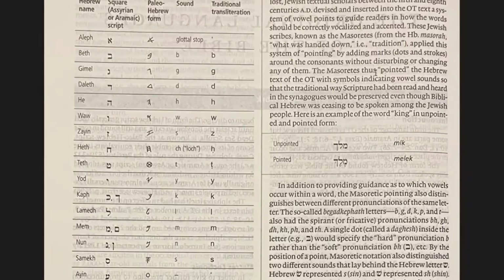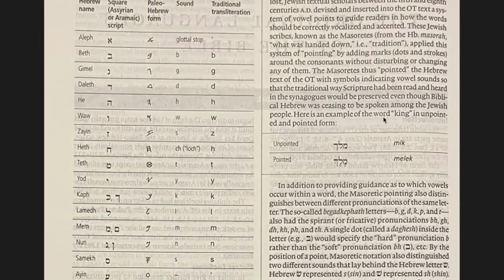The Masoretes thus pointed the Hebrew text of the Old Testament with symbols indicating vowel sounds so that the traditional way scripture had been read and heard in the synagogues would be preserved, even though biblical Hebrew was ceasing to be spoken among the Jewish people.